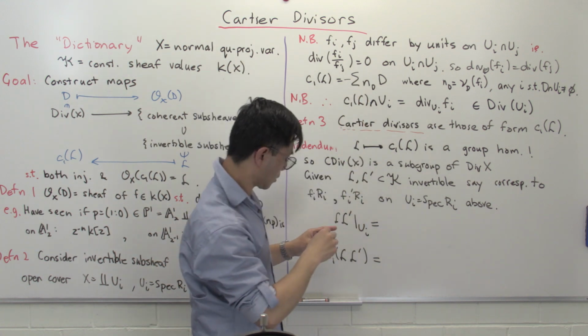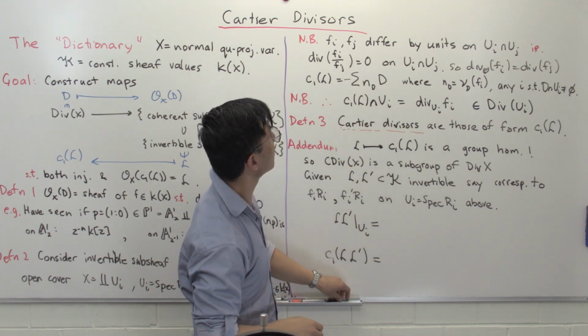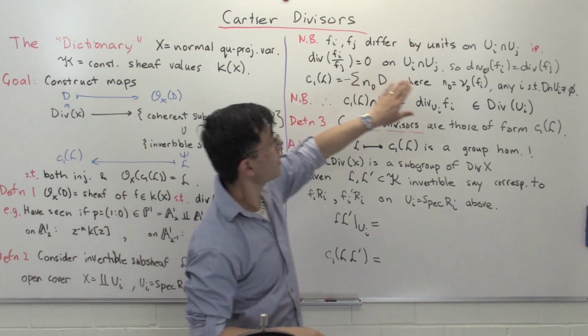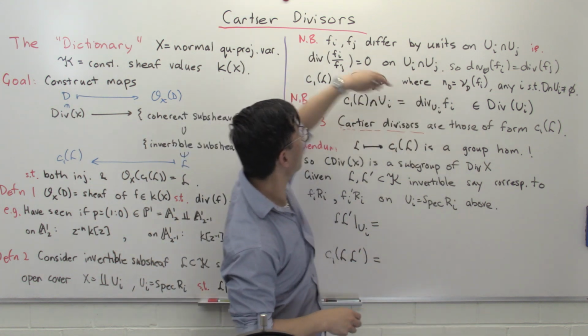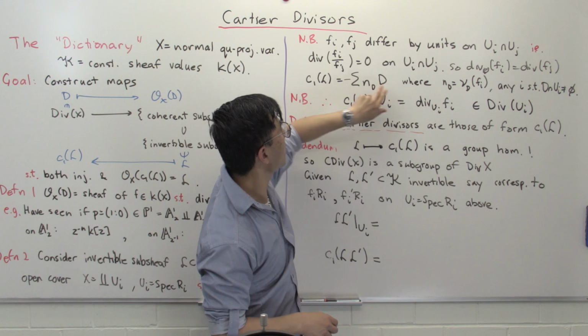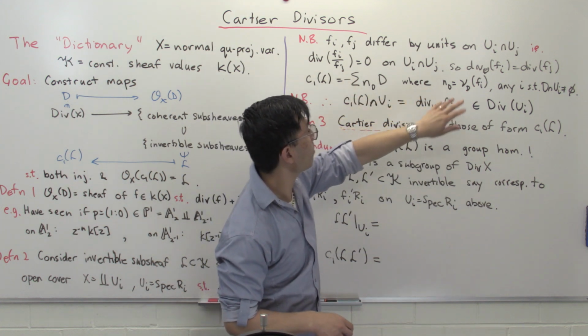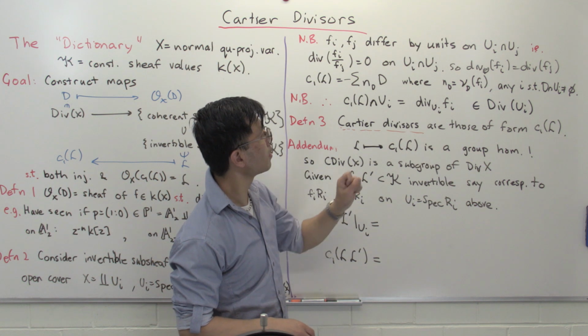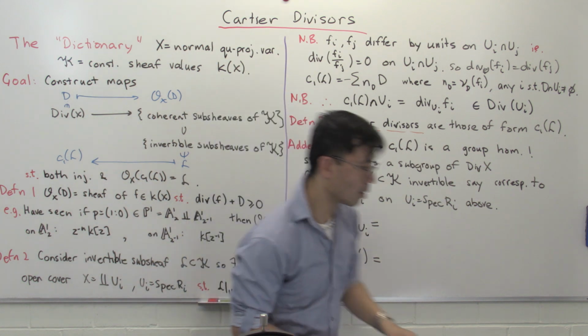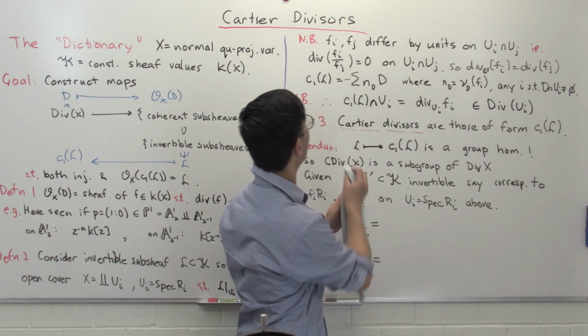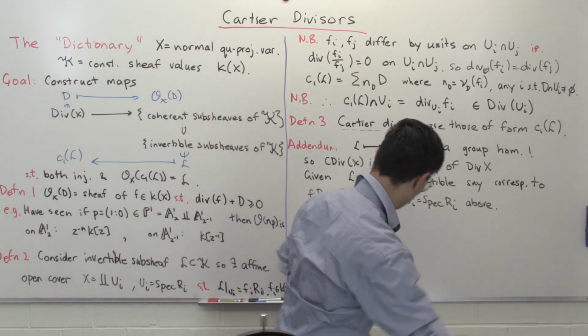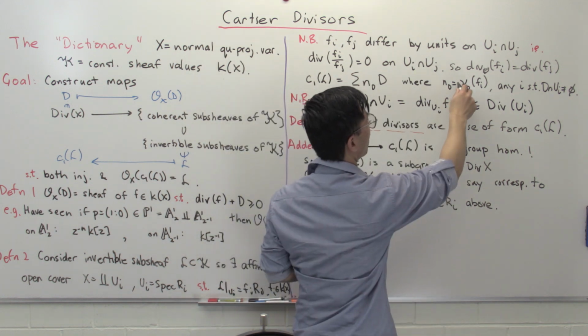So this will be the order of the pole. The coefficient of D will be the minus nD, and that will be the order of the pole. So maybe a better way to write that, we put the minus here.